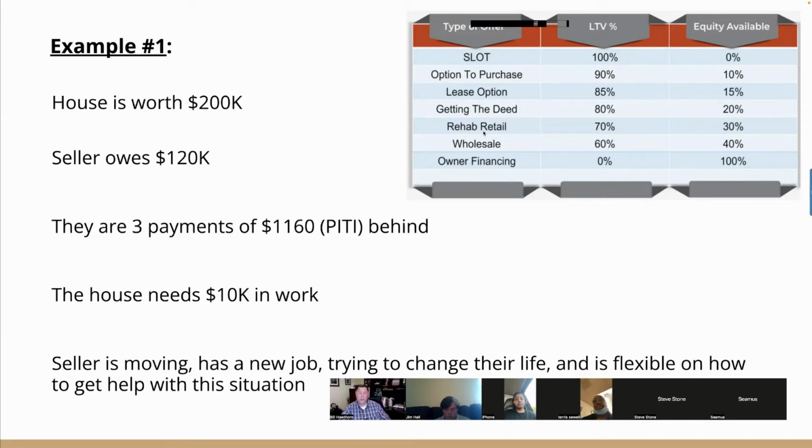We could do a rehab deal and borrow money from a private lender and pay cash for it. But if you're just starting out, why do all that when you could just get the deed from the seller? It says right here, seller's moving, has a new job, trying to change their life, and is flexible on how to get help with their situation, which means they would consider putting the deed in your name and letting you take over the mortgage payments.